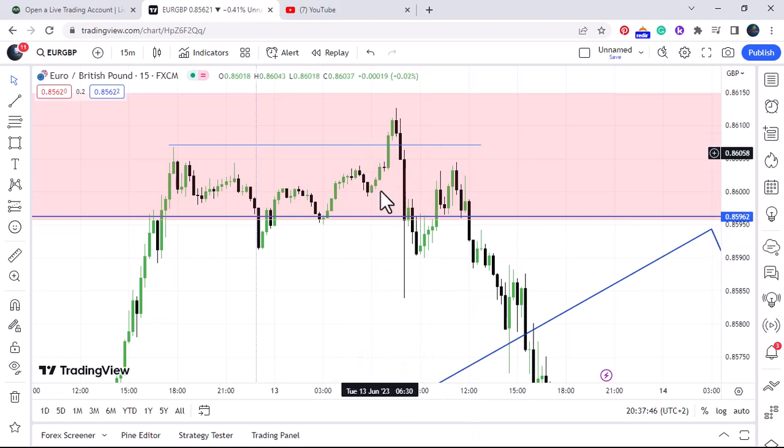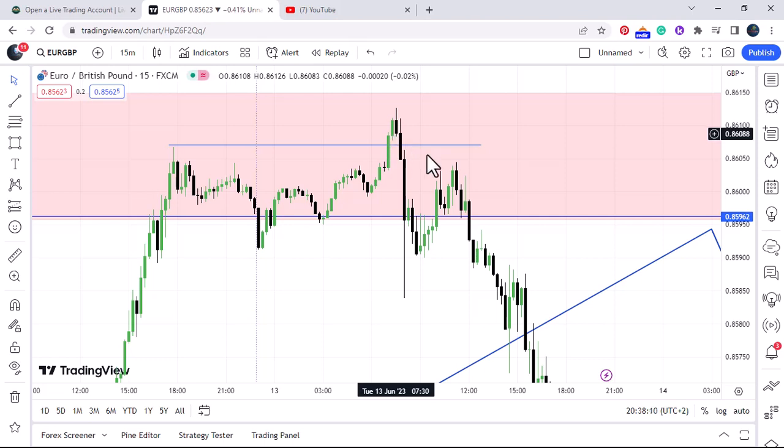Price did spike up, taking out the Asian high, and it formed a railroad track just above here. If you are an aggressive trader, you could have taken this trade at this point after the close of this candle. This is called the Judas swing, where you take out liquidity and go back down.